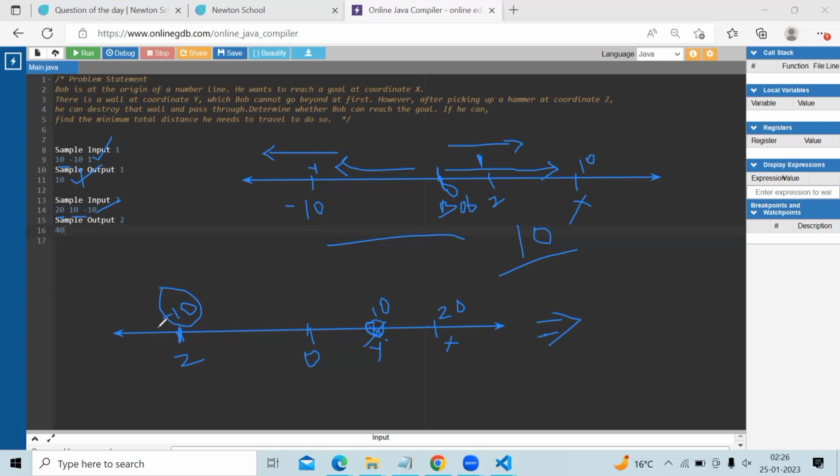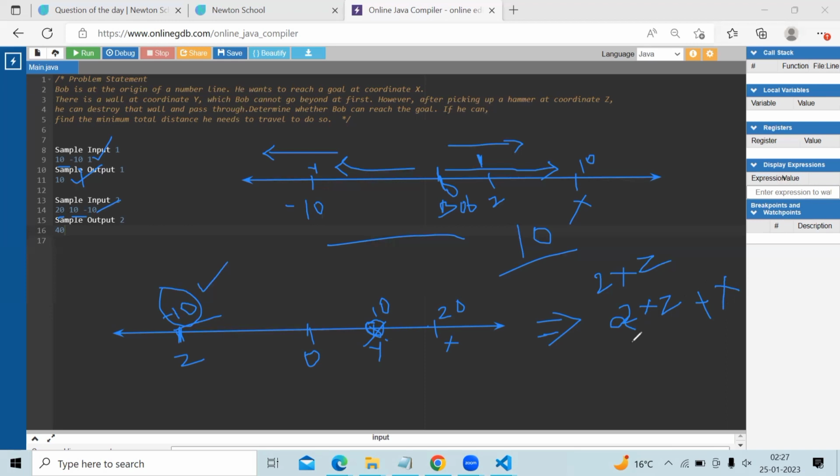you know, to find the minimum distance, what we can do, we have to multiply this z coordinate twice, which is z into z, or we have to multiply the z by 2. So we'll multiply this z by 2, 2 into z, and we'll add the x into it.